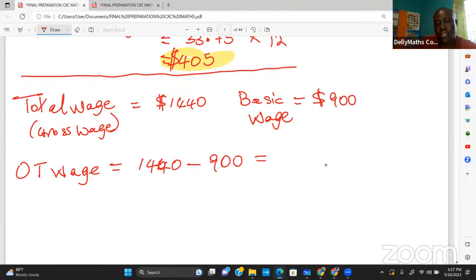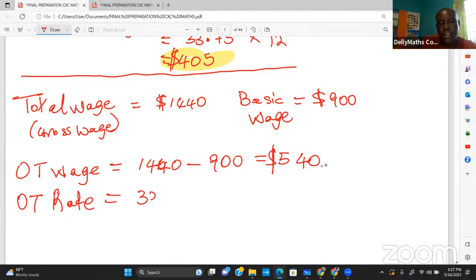When I do that, I will be making $540 extra. So this is the overtime wage. Now, if I have the overtime wage and I know the overtime rate, which was $33.75, I can definitely find my overtime hours.